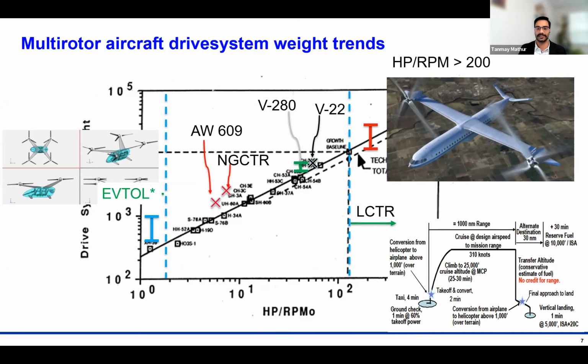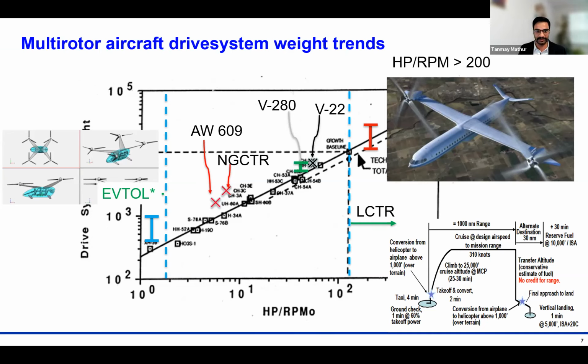And on the other end, you have something like large civil tilt rotor concepts with as much as 20,000 horsepower of installed power and the same height ceiling as a commercial airplane, which can carry up to 100 passengers with the luggage.